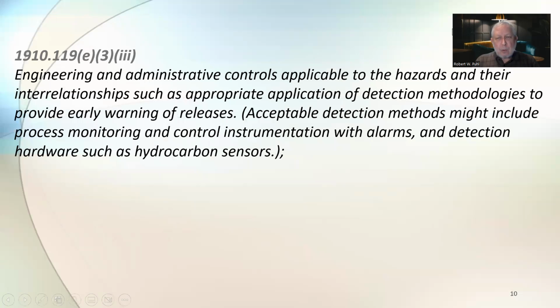Also engineering and administrative controls applicable to the hazards and their interrelationships, such as appropriate application of detection methodologies to provide early warning of releases. Acceptable detection methods might include process monitoring and control instrumentation with alarms and detection hardware such as hydrocarbon sensors. Most places in the anhydrous ammonia business have ammonia detectors in their engine rooms and places where they would be appropriate.